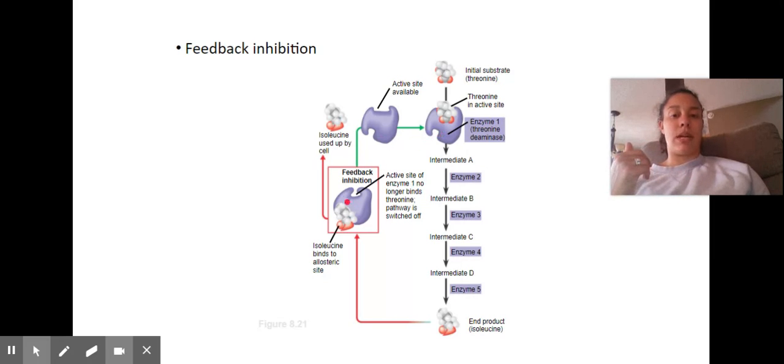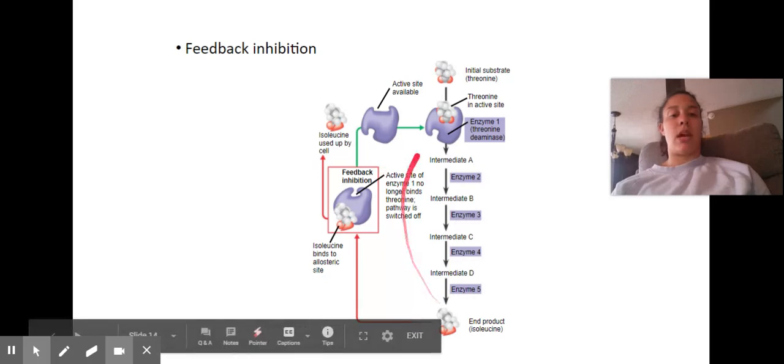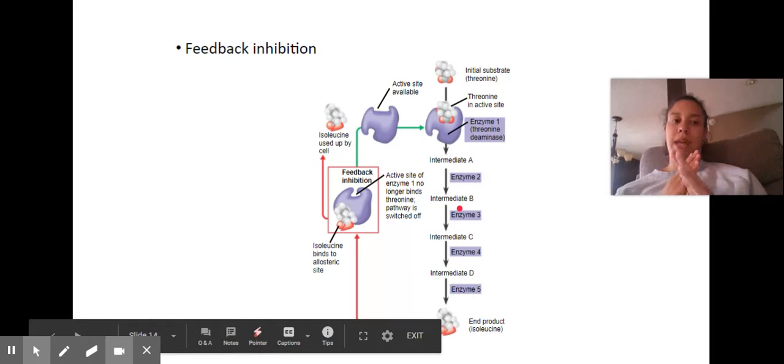Here it is attaching at the allosteric site, changing the conformational form of our enzyme, so it can no longer be active to the original products, and this entire chain would stop. That's called feedback inhibition when it stops.